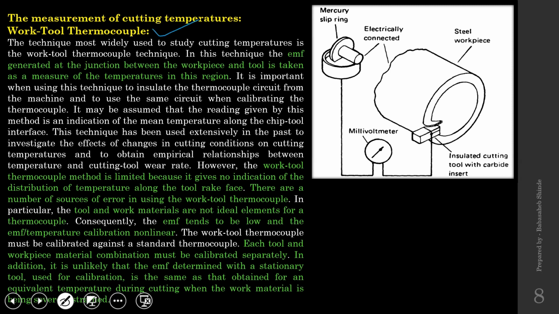Now, before discussing this one, you need to brush up the concept that we studied in the subject thermodynamics. There we have seen the thermocouple. So, in thermocouple, what we do, we take two dissimilar metal wires, and then we connect them together.